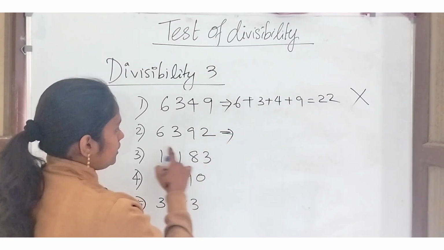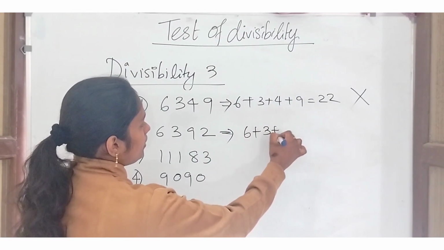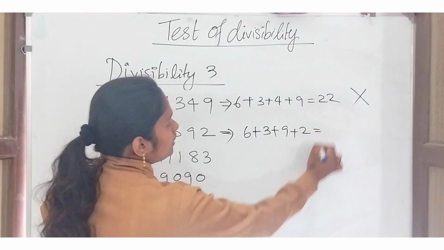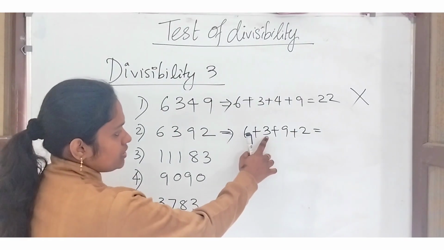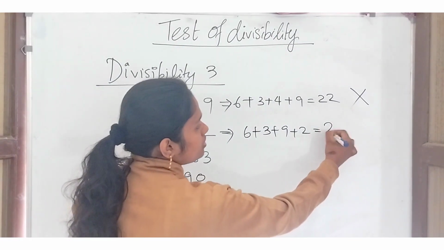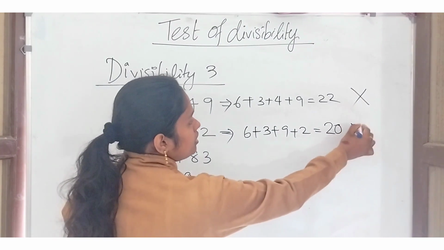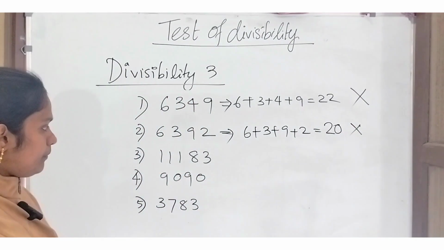Another number, 6392. 6 plus 3 plus 9 plus 2: 6 plus 3 is equal to 9, 9 plus 9 equals 18, 18 plus 2 is equal to 20. 20 is not divisible by 3, so it is not divisible by 3.